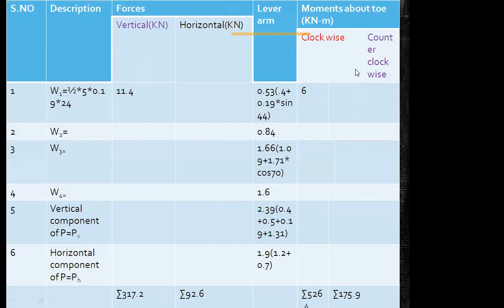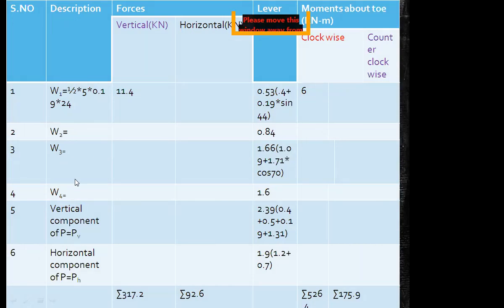Are you able to see the table here? Yes, ma'am. So we need to prepare a table like this. Serial number is the first column, second column is description. Here we need to calculate weights. The retaining wall is divided into four parts, right?